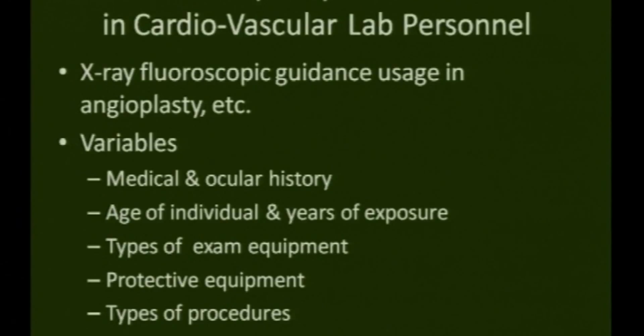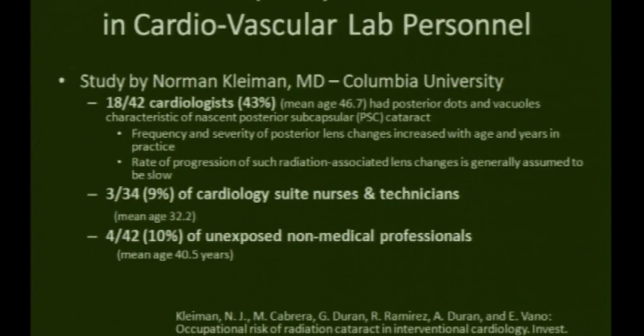So let's go into the lens opacity incidence. And there are many variables depending upon the age of the individual, years of exposure, what their previous ocular history was. And these are the studies.